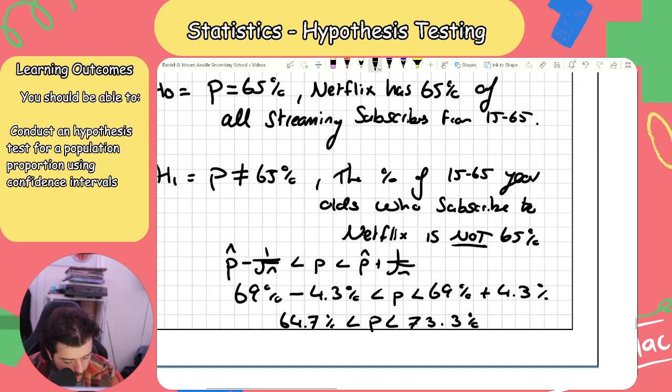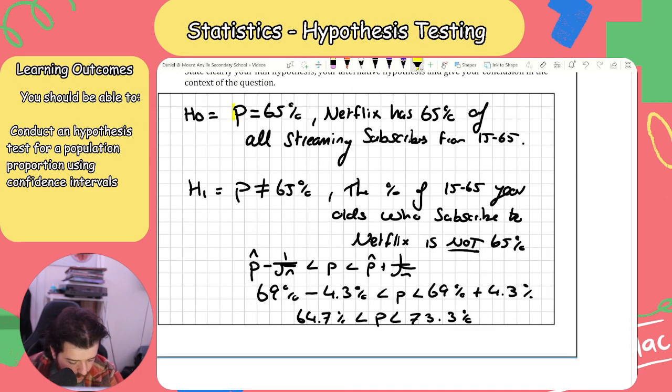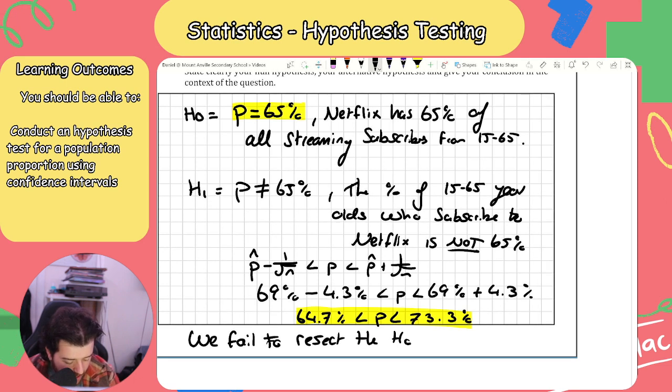So, looking at their claim, p is equal to 65%. And we're looking at my interval. What can we conclude? It's in my interval, so we fail to reject the null.